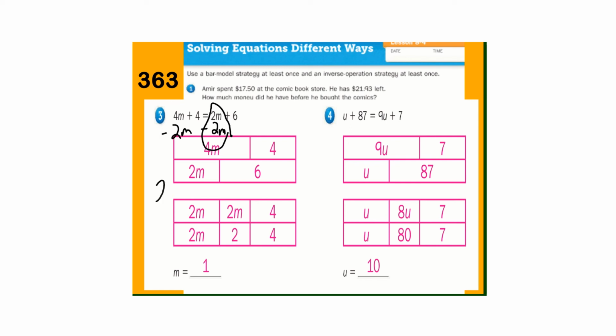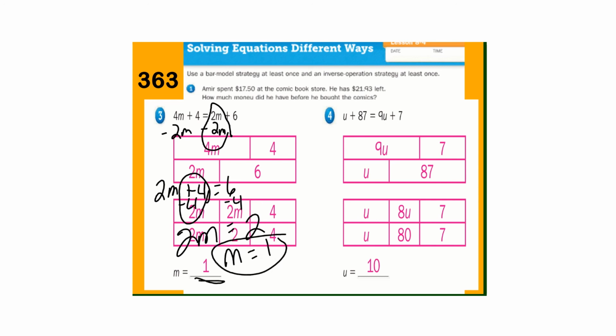You have 2m plus 4 equals 6. And we're going to subtract 4. This goes away. Subtract 4. 2m equals 2. So divide by 2. 1m equals 1, which is what they have.